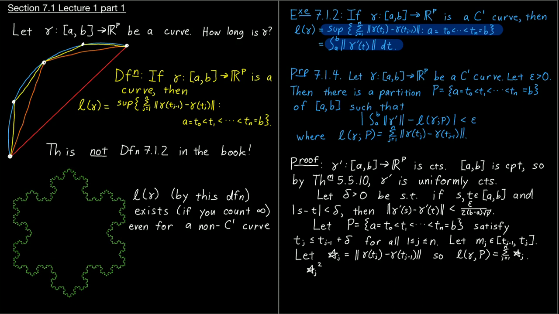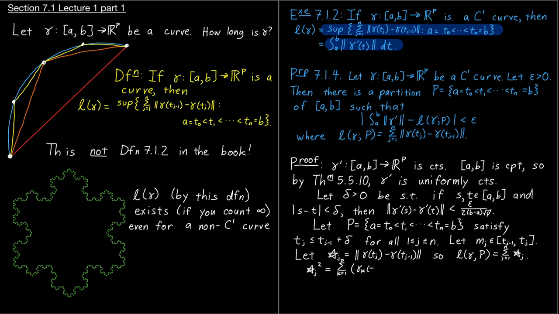Star sub j, that quantity squared, let's write it like that. It's a vector, so I want to write it as a sum. I don't want to use j as a variable because I'm already using j's for the tj's.